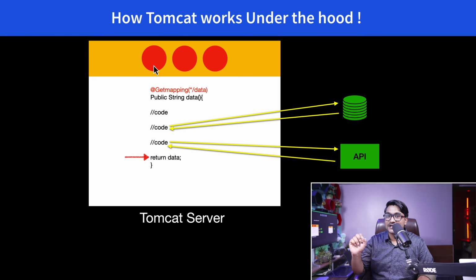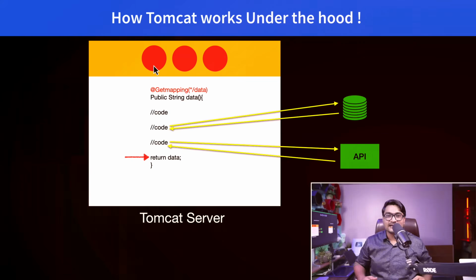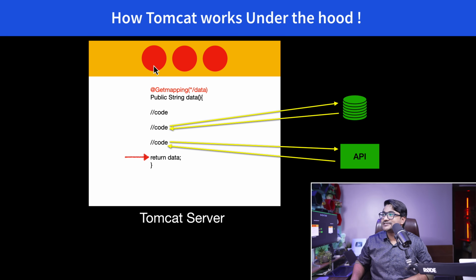But this can be really dangerous when we have concurrent users hitting our server. Let's say there are thousands of users hitting this endpoint called /data. At that time, how will your Tomcat server accept all 1,000 user requests and how is it going to handle the load? What kind of performance is it going to give under high load? Let's check that out with another use case.